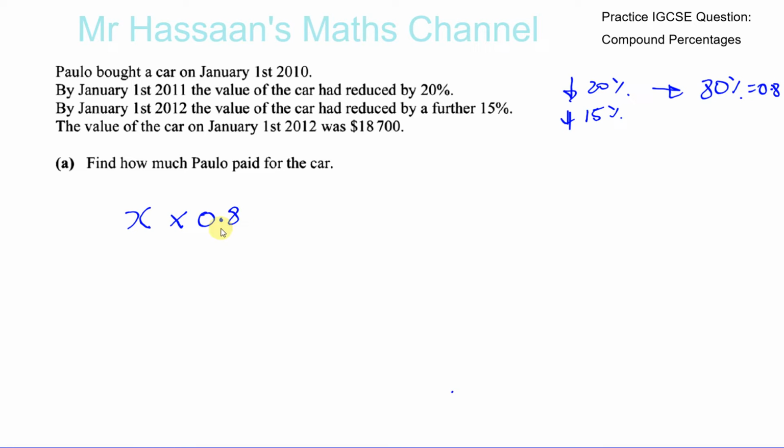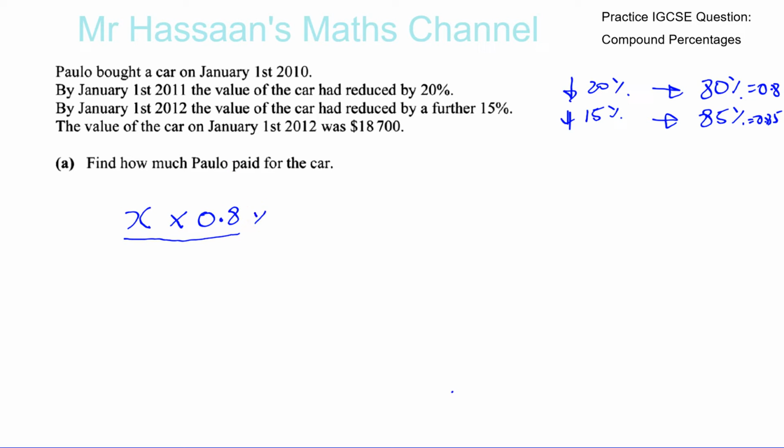Then it's reduced by another 15%. If it's reduced by 15%, that means it's 85% of what it was, which is 0.85.